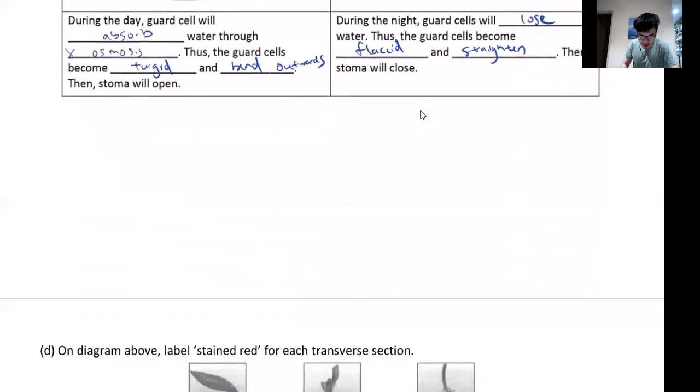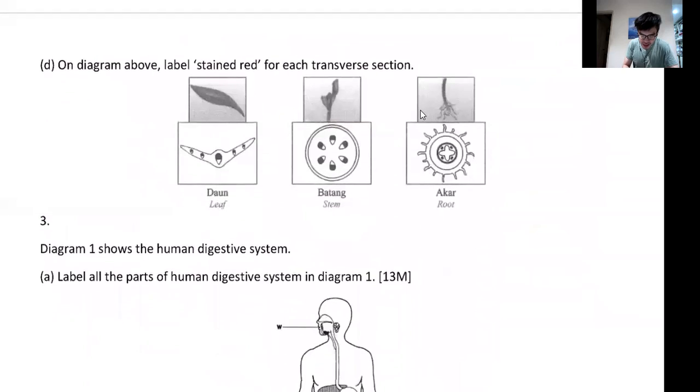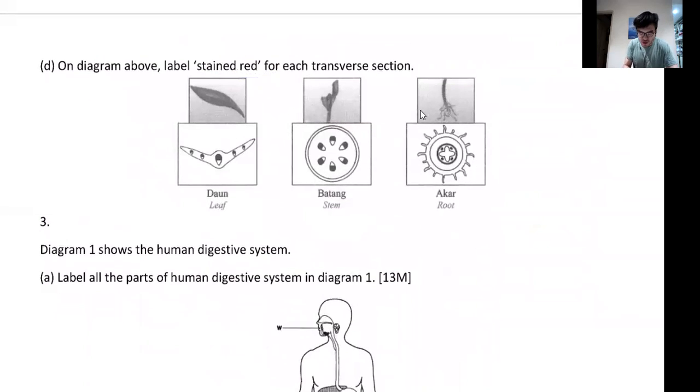Okay, so anyway, let's look at D. Label stain rate for each of the transverse sections. So what is the stain rate? Stain rate is the xylem. Because you see, if I take, let's say, a flower and put it in red colored water, this plant will absorb water up all the way.